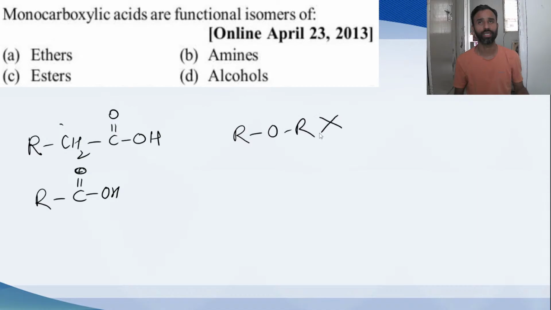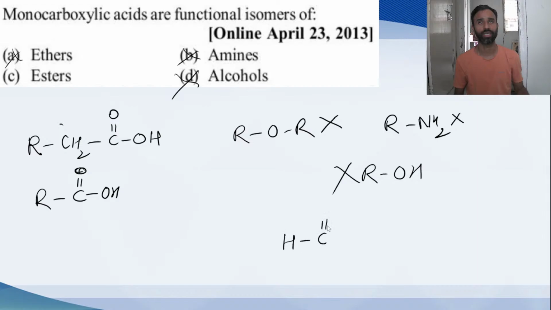At least the degree of unsaturation should be the same. Amine, again not the right option. Alcohol, not the right option. That means ester is the only one, because it can give HCOOR or RC=O OCH3. That means ester is the right option.